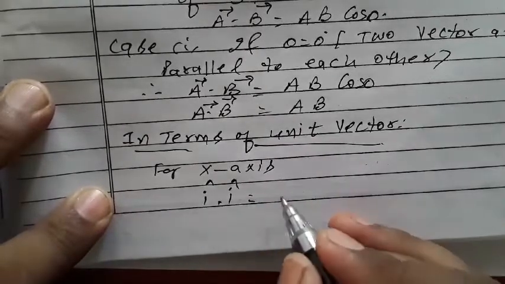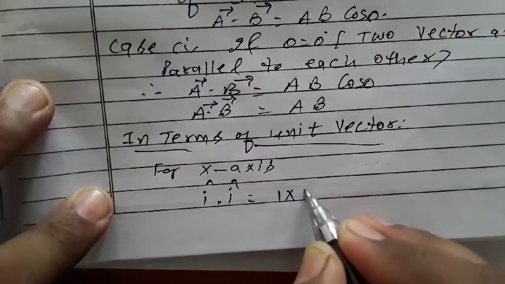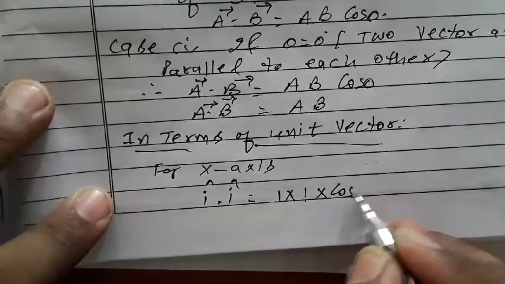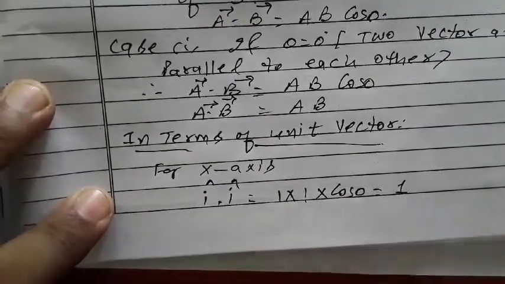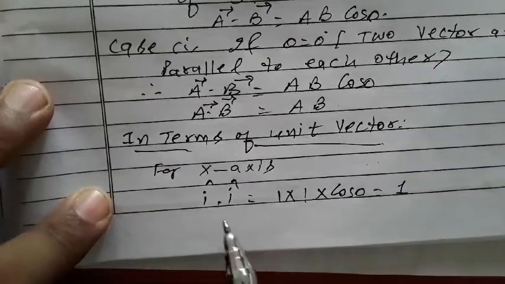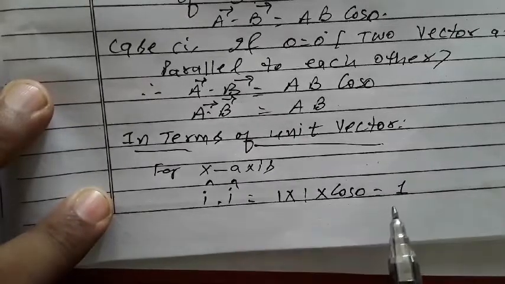Magnitude of i cap is 1. 1 into 1 into cos 0, cos 0 is 1. Therefore we can write i cap dot i cap is equal to 1.